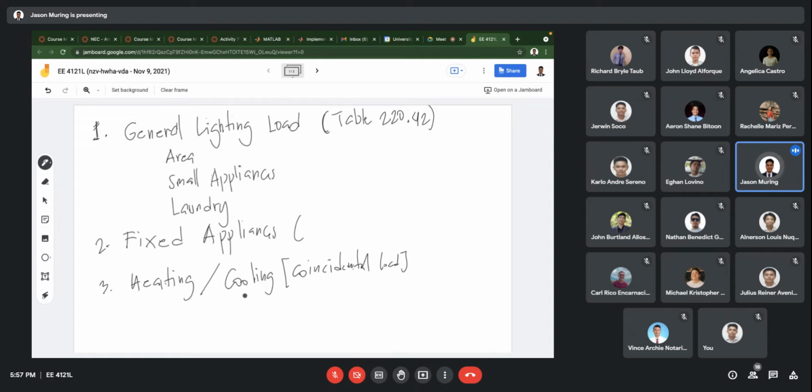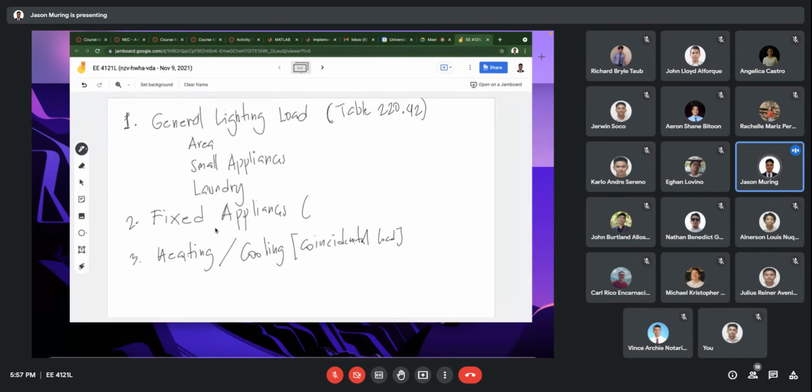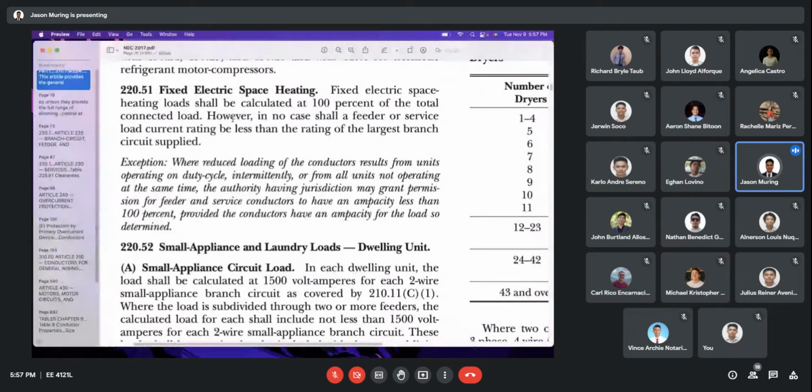If the weather is hot, you use cooling. If the weather is cold, you use heating. There will be a provision for this that we have to follow later on. So that's the next component, heating or cooling.